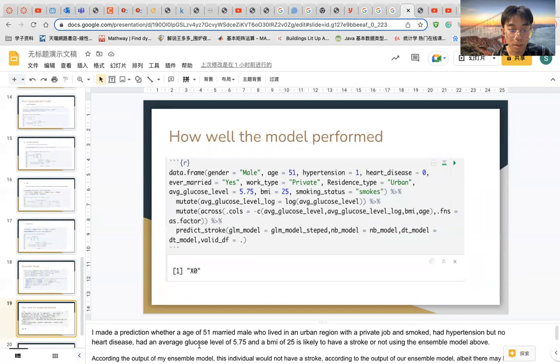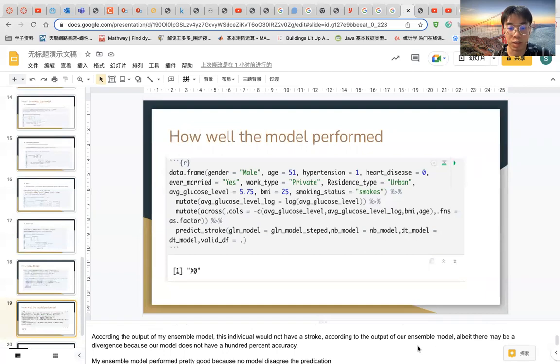As we can see, I made a prediction for a 51-year-old married male who lived in an urban region with a private job, smoked, and had hypertension but no heart disease, with an average glucose level of 5.75 and a BMI of 25, to see whether he is likely to have a stroke using the ensemble model above. According to the output of my ensemble model, the individual would not have a stroke.